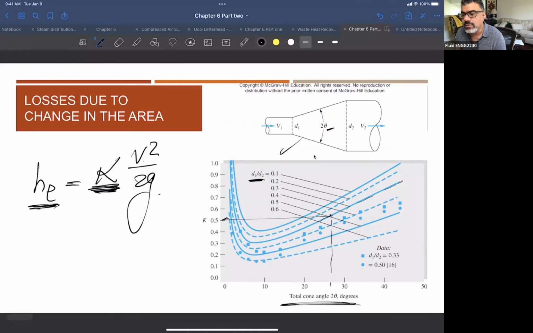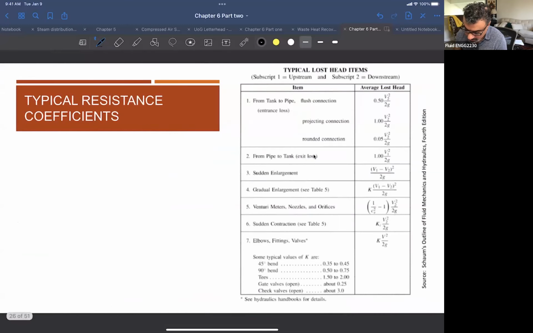Yeah, H loss. H, not E, it's HL. Okay, so typical resistance coefficients are what the losses are for different components.